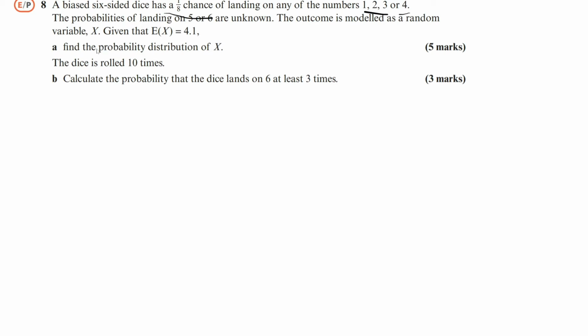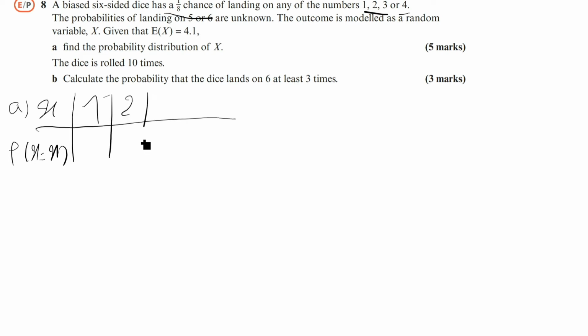As you know, we need to draw a table again to find the probability distribution of x. So p of x equals x, and has a 1/8 chance of landing on 1, 2, 3, 4, 5, and 6.